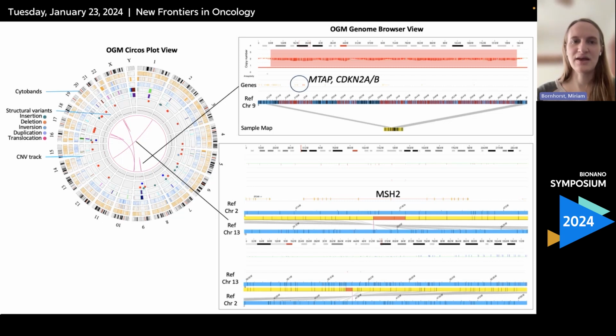So we went ahead and did optical genome mapping, and not only did we find the MTAP CDKN2AB deletion, which is important for that diagnosis, but we also found a fusion between chromosome 2 and chromosome 13 that impacted the MSH2 gene function, which likely made this a more aggressive tumor.